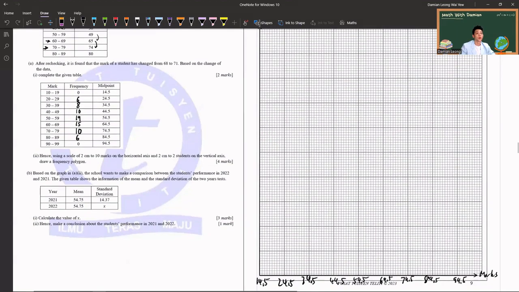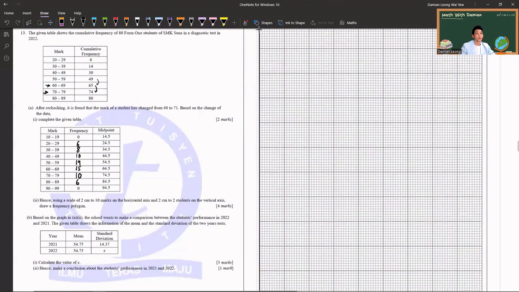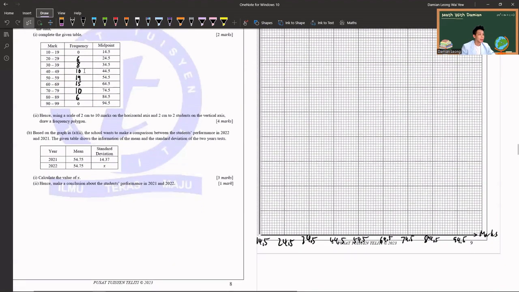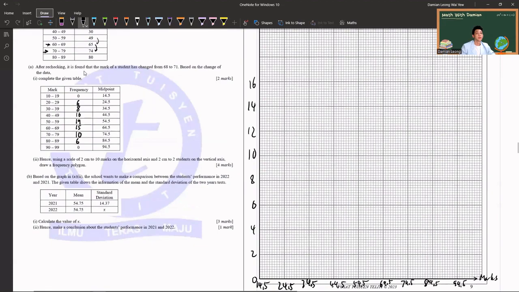So we start from the frequency of 0, and we have to go up to the highest frequency at least, which is 19 here. It means I have to go up to 20. 2, 4, 6, 8, 10, 12, 14, 16, 18, 20.